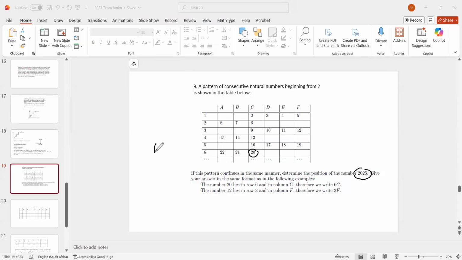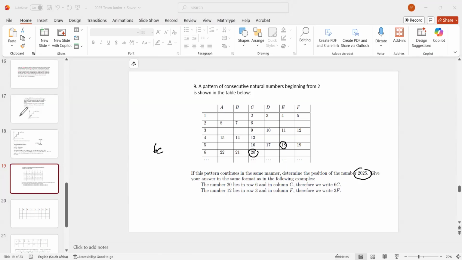I'll put 6 and column C. So 6C is 20. Likewise, this here is 5E. And so on. So we need to identify the actual locality by saying which row and which column it is.